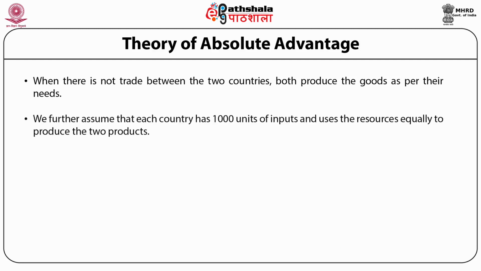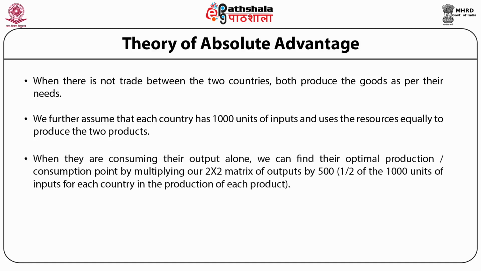We further assume that each country has 1000 units of input and uses the resources equally to produce the two goods. When they are consuming their output alone, we multiply our 2 by 2 matrix of outputs by 500, that is, half of the 1000 units of inputs for each country in the production of each product.